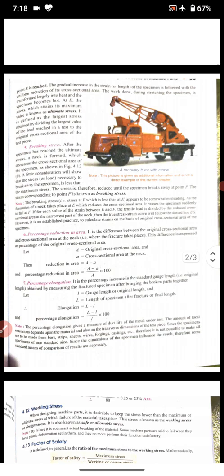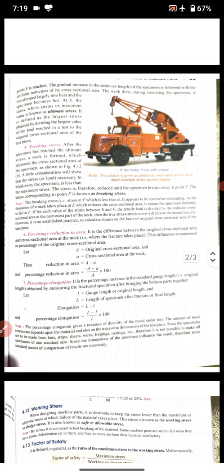In between the testing, you are not going to measure the neck diameter or neck cross section area. You measure it after completing the testing.